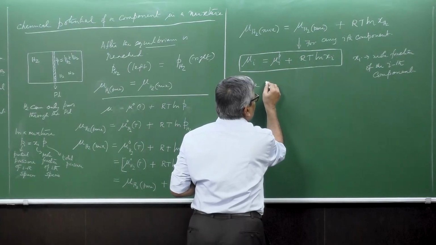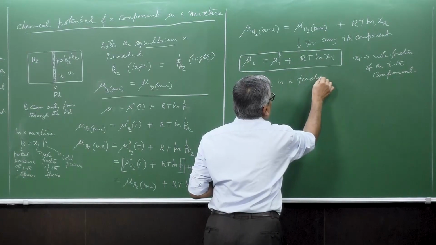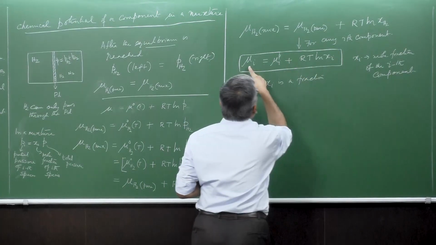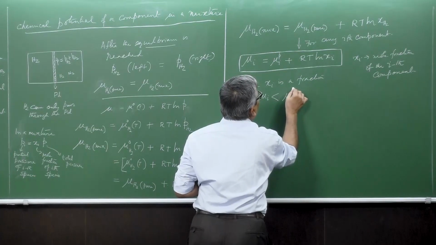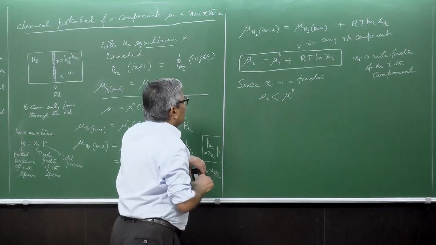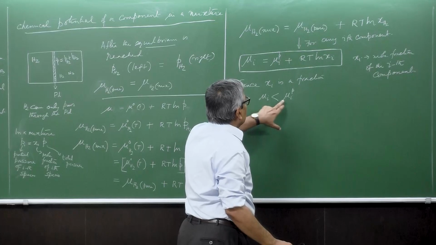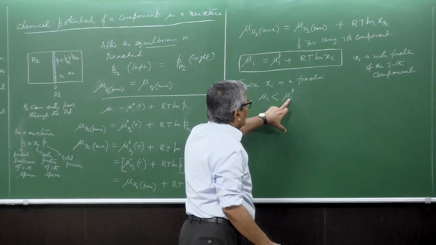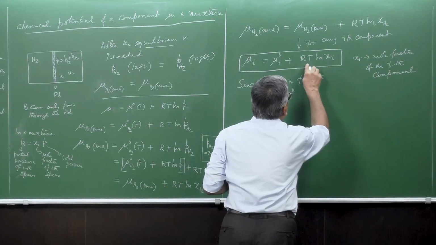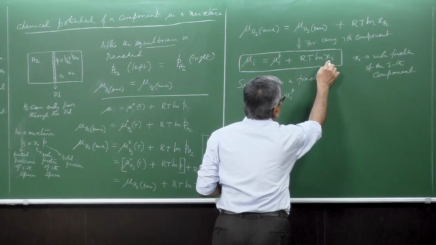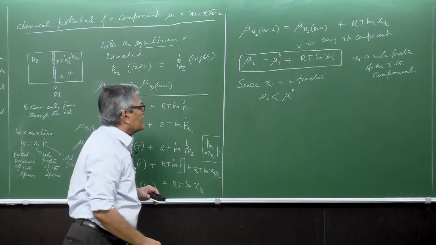Since Xi is a positive fraction, this term mu i is always less than mu i pure. That means the chemical potential of an ith component in a mixture is always less than the chemical potential of the pure component. This is because ln x ultimately becomes a negative quantity, since it is just a fraction.